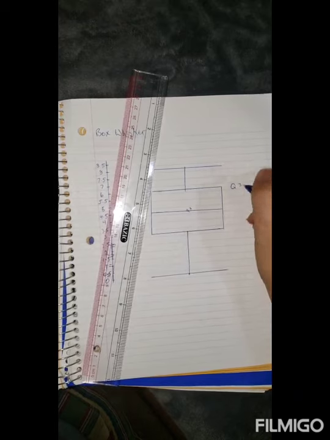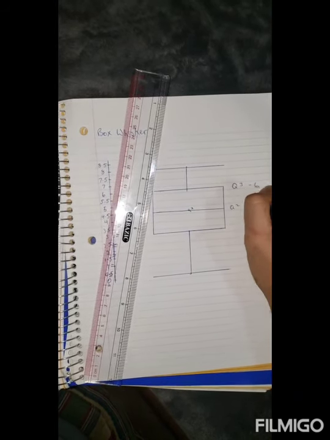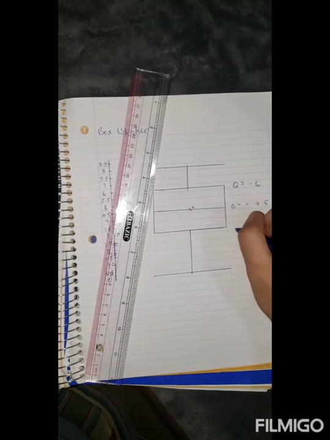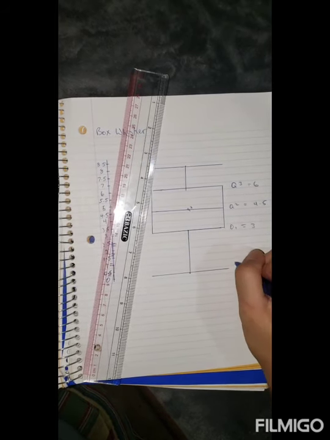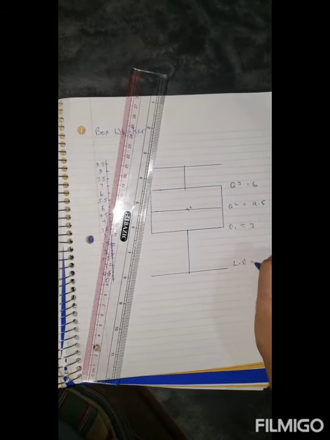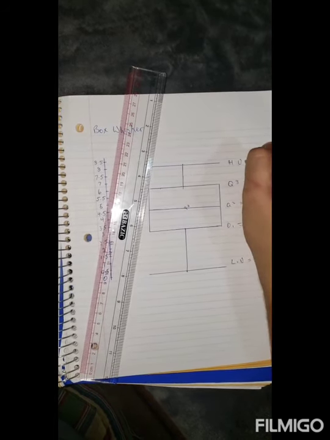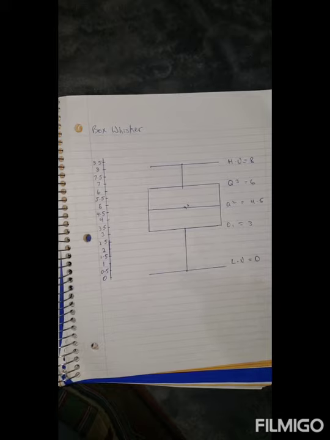This is going to be Q3, which is equal to 6, Q2, which is equal to 4.5, Q1, which is equal to 3, the lowest value, which is equal to 0, and then the highest value, which is equal to 8. So that is your box and whisker plot.